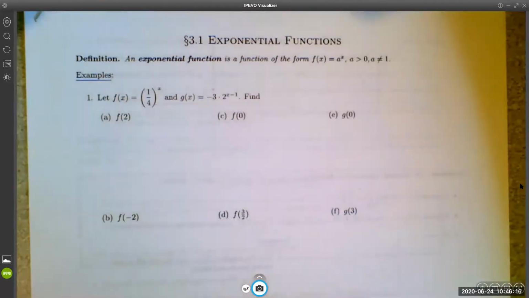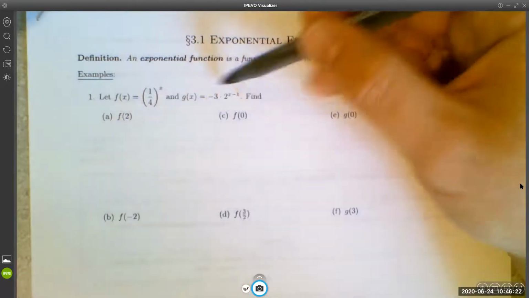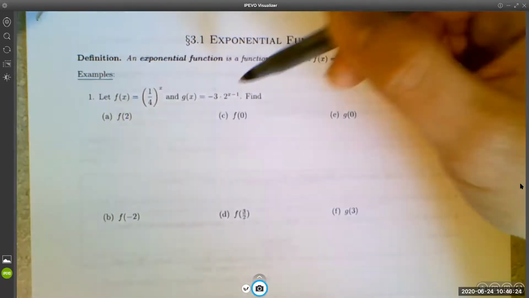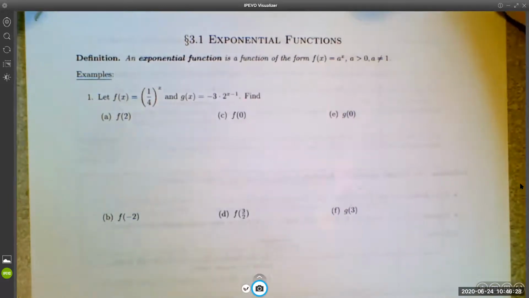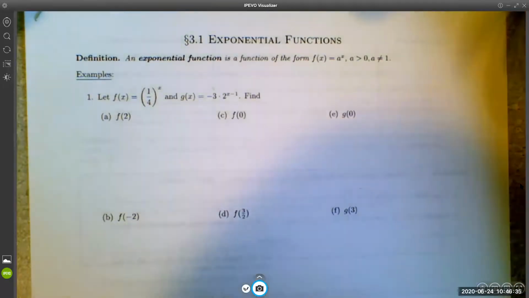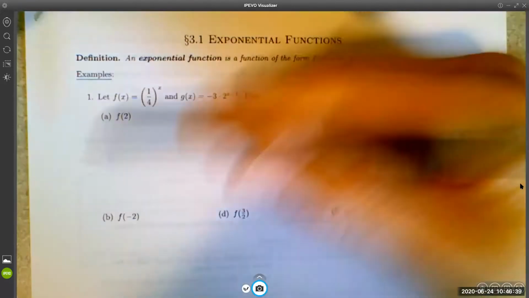To convince yourself of that, you're welcome to plug in any numbers you like for x into this function the way it's written, and then plug them into -6 to the x minus 1 and see if you get the same thing. Unless you're choosing very specific values, you're probably not going to get the same number. Anyway, go ahead and give the video a pause and see if you can calculate all of these things.